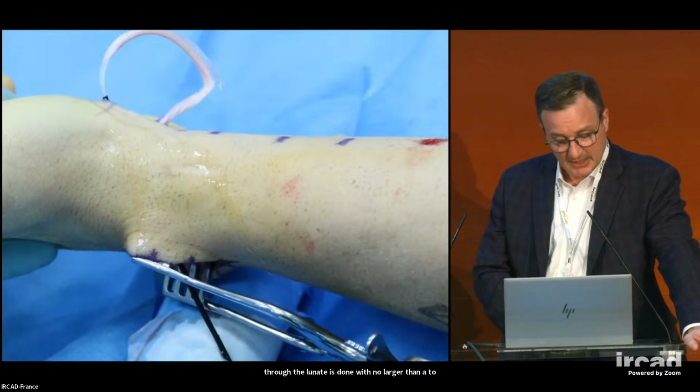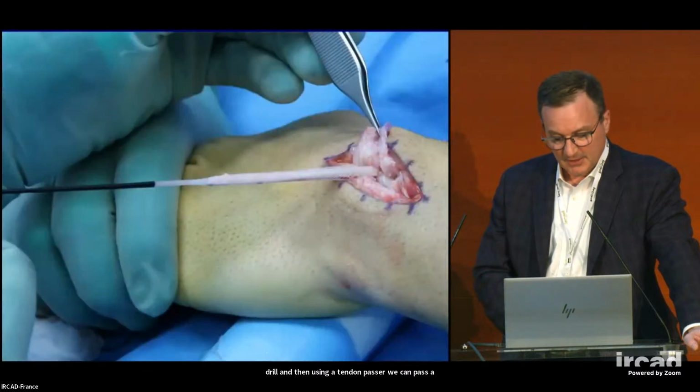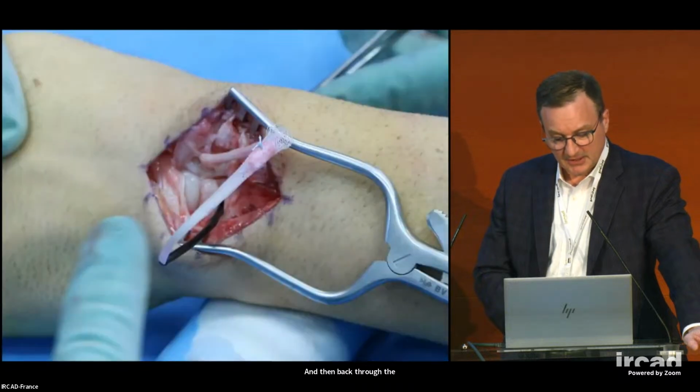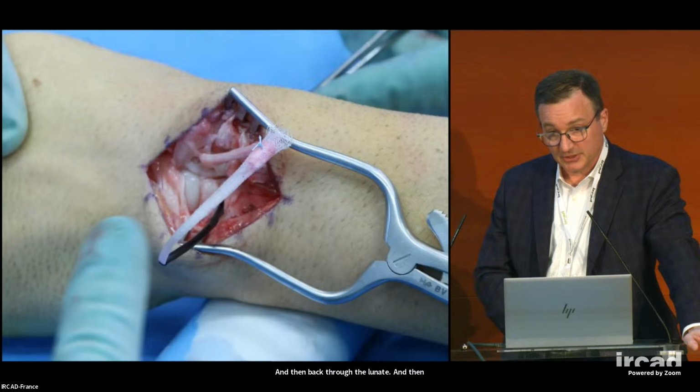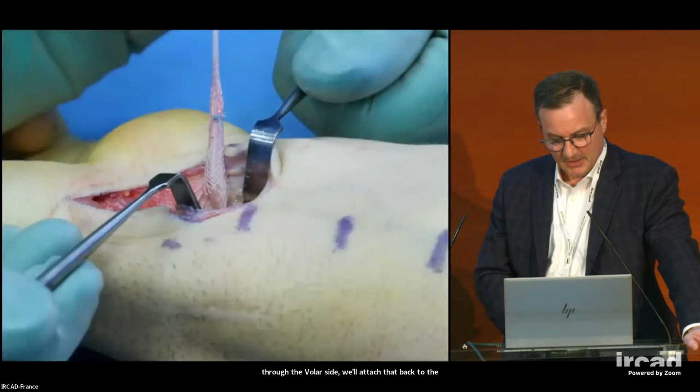Then using a tendon passer, we can pass a portion of the FCR first from front to back through the scaphoid, then back through the lunate, and finally through the volar side, we'll attach that back to the distal radius to reconstruct the radioscaphocapitate ligament.